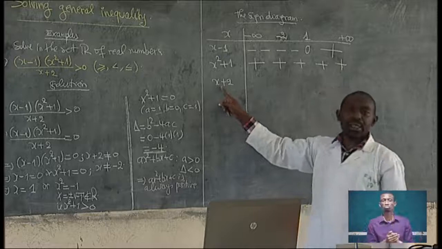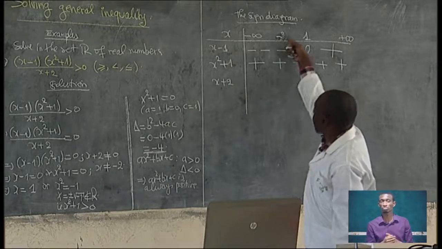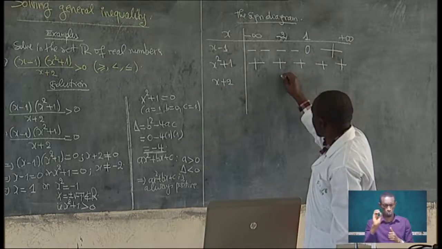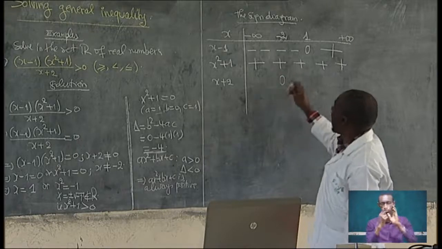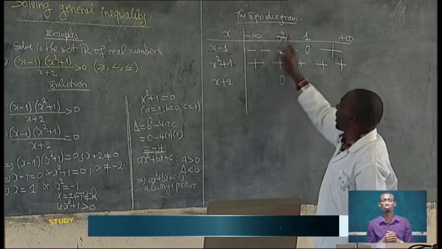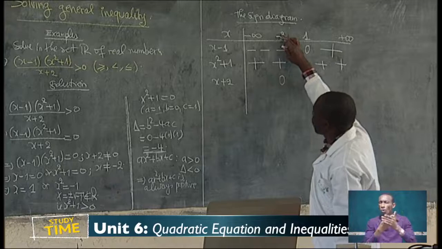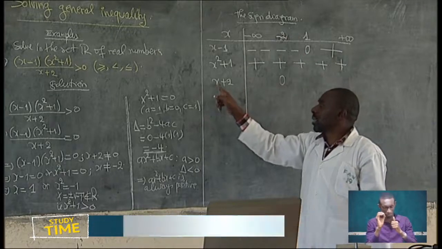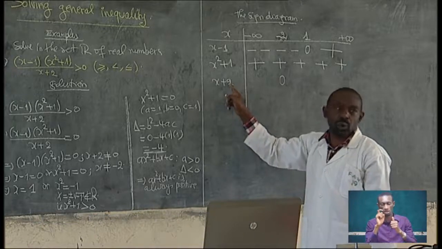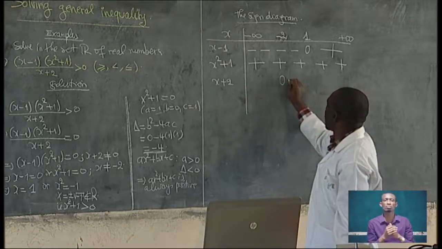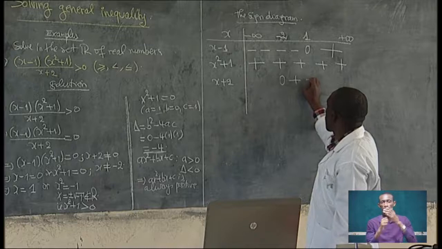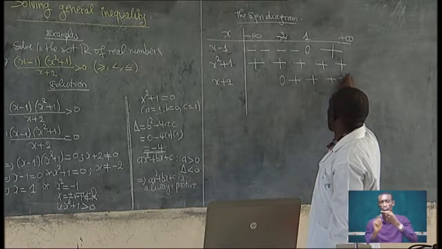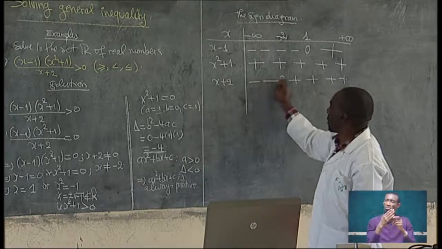For x plus 2, the root was negative 2. For any value of x greater than minus 2, for instance 0, you get 0 plus 2, which is equal to 2. It is positive, meaning at the right of negative 2 it is positive. The other side is negative.